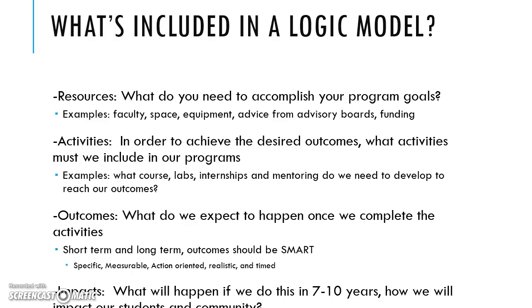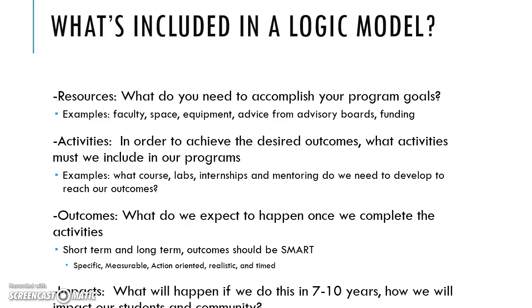Then the output side comes in the outcomes, both short-term and long-term. For example, what are my course-specific outcomes? What skills and knowledge do I want my students to have after a certain course or a certain semester? And then what programmatic outcomes, long-term outcomes? What graduation rate do I want? What pass rate on the national exam do I expect to have?